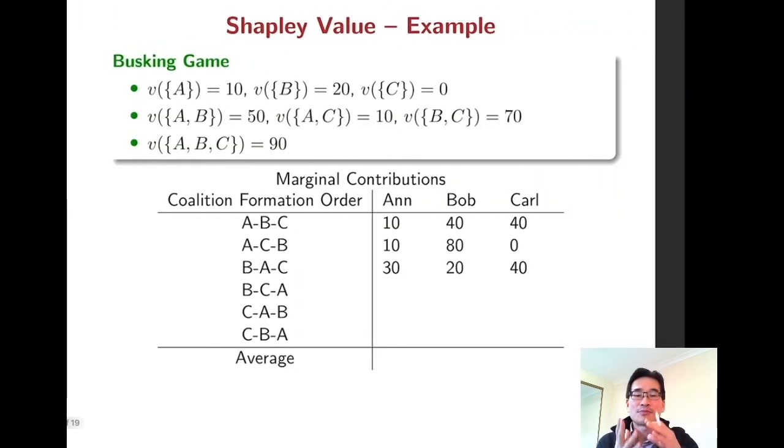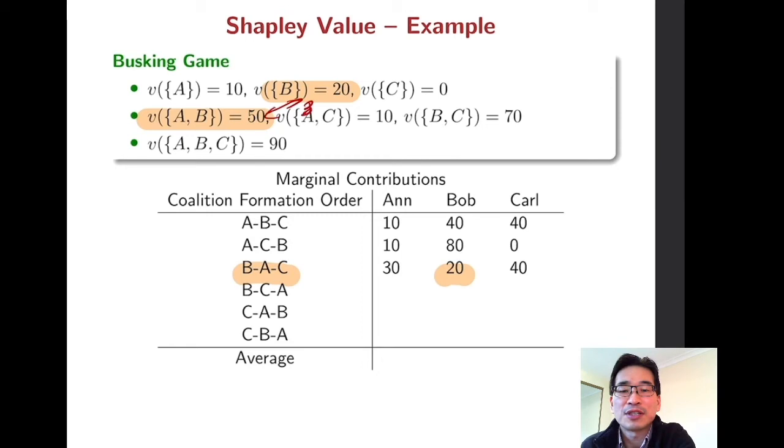So let me do another round here. B, A, C. So B comes first, B takes 20, after which A joins, and then they form a coalition A and B. So the difference is now 30.